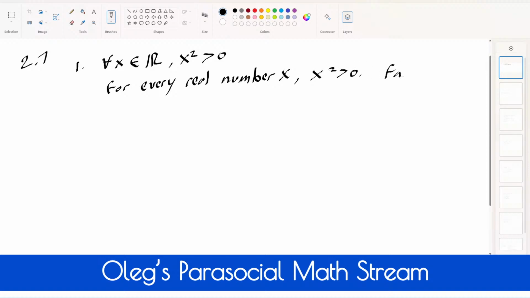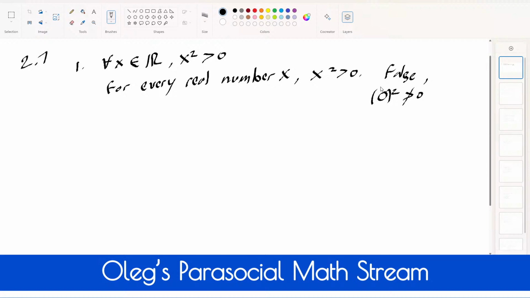And we're going to say this is false. False. 0 squared, 0 is not greater than 0. Okay. So, yeah, and that is the answer.